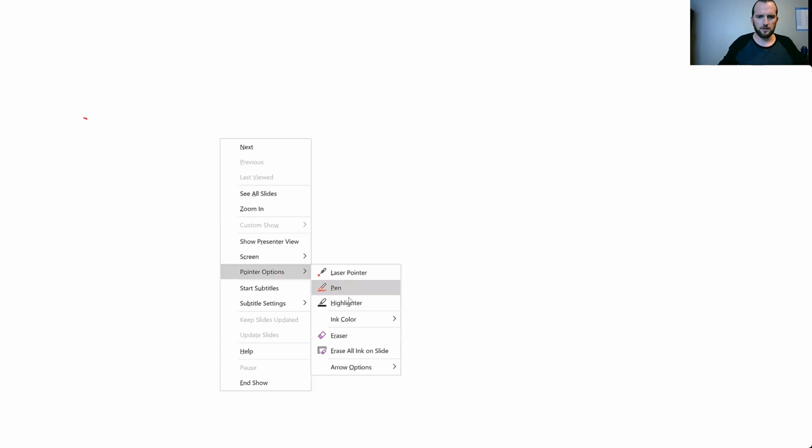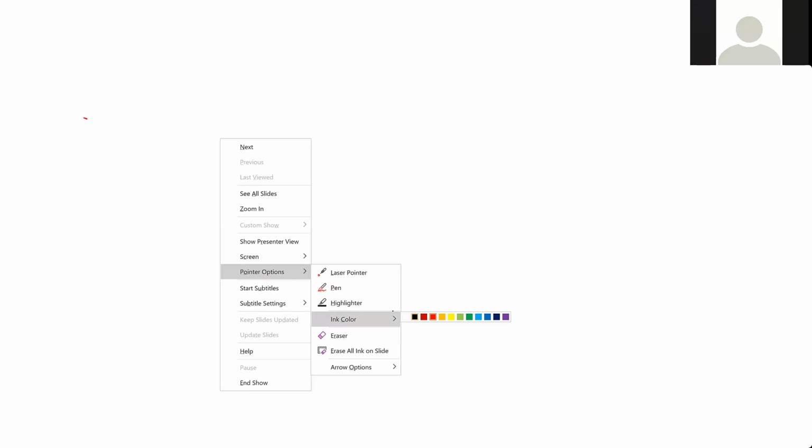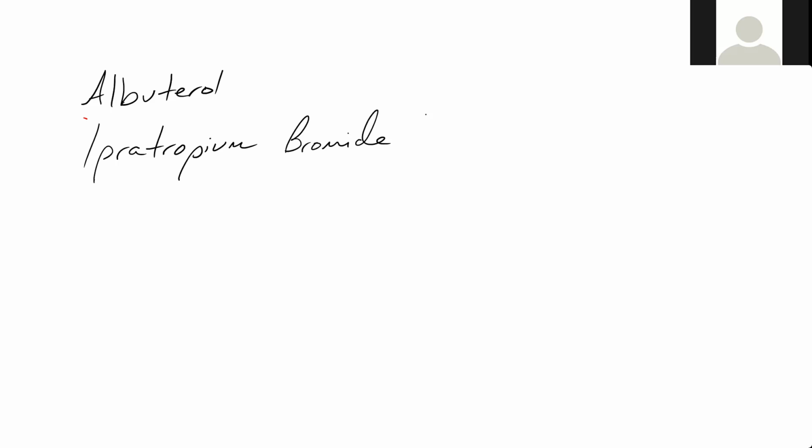All right, so the ones tonight that we're looking at, in terms of the drugs, are going to be Albuterol and Ipratropium Bromide, or more commonly called Atrovent. And then we're also going to talk through really kind of a twofold option.